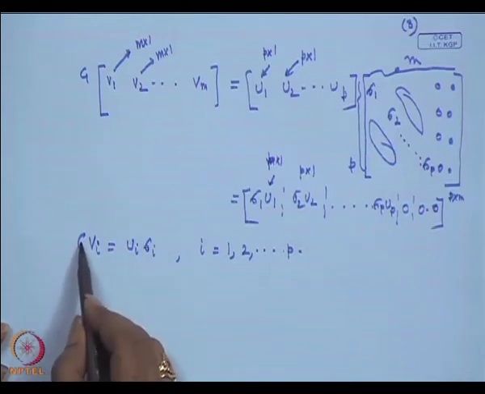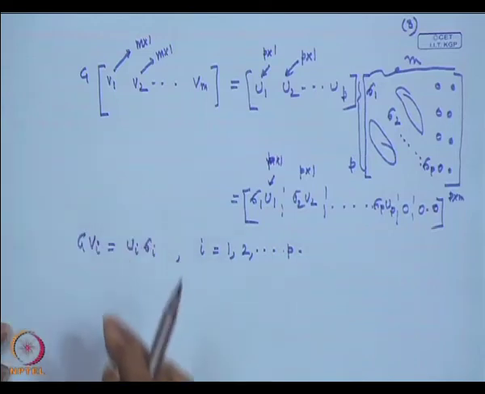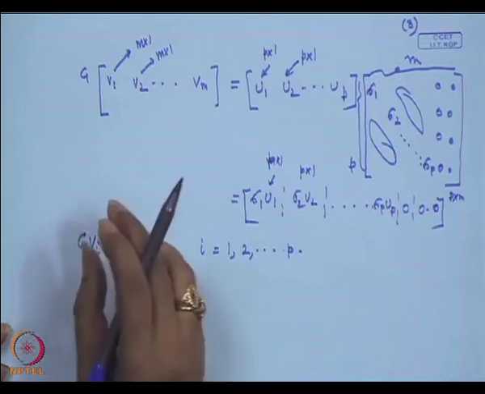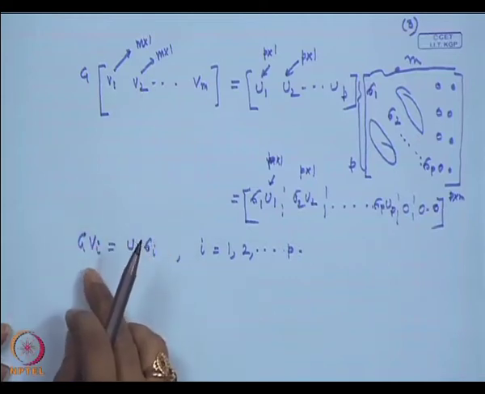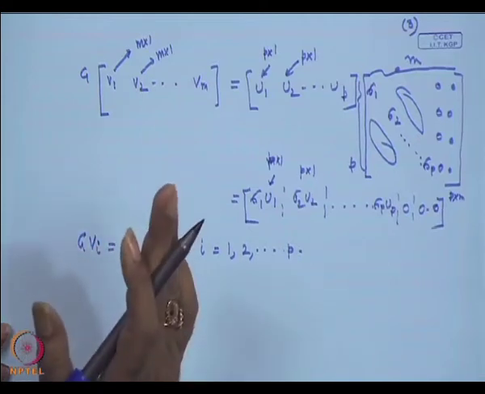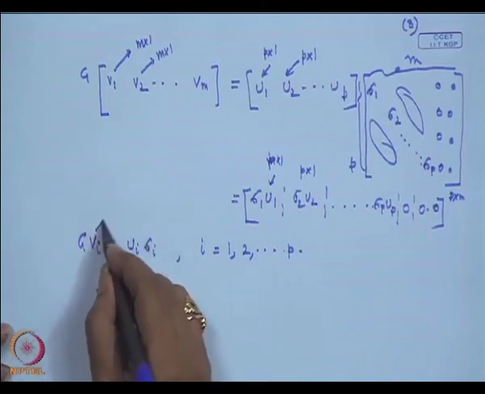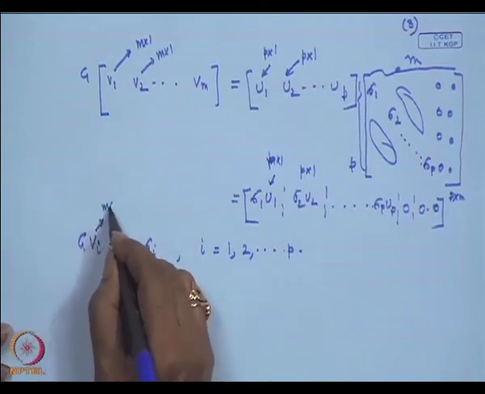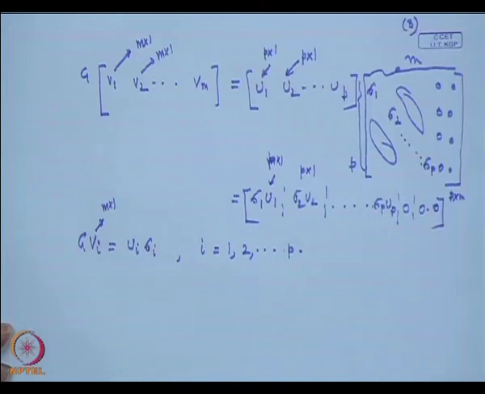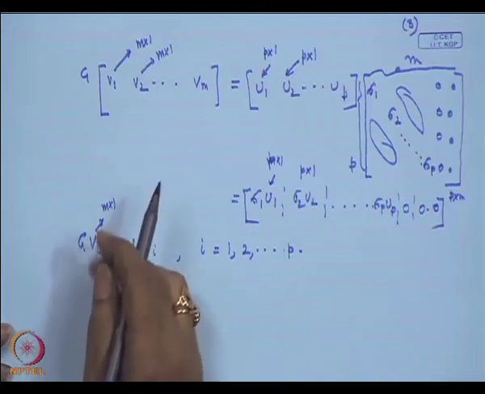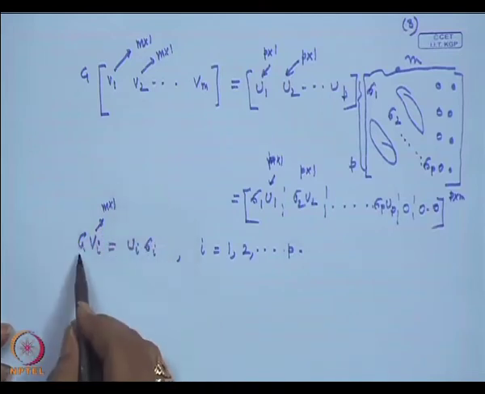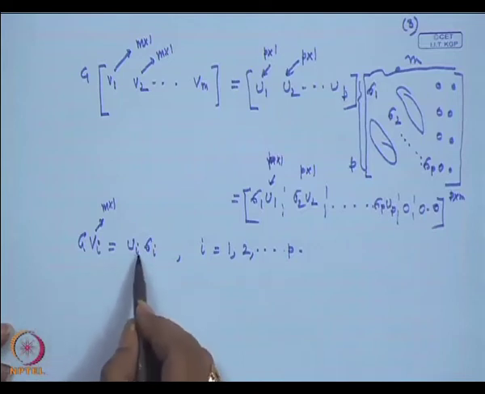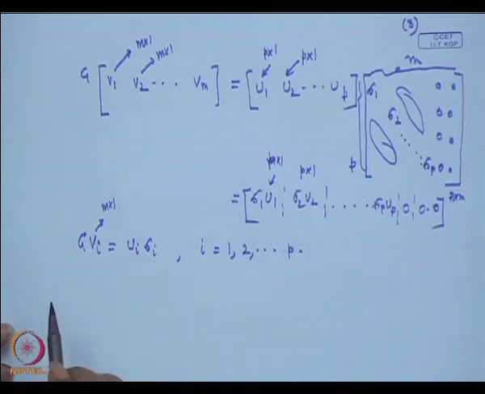This is our system and V is the input vector, which has a direction, and its dimension is M cross 1. You can think of all elements as sinusoidal quantities. The system gives u i into sigma i.